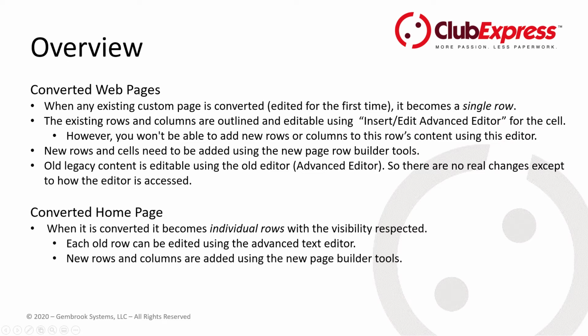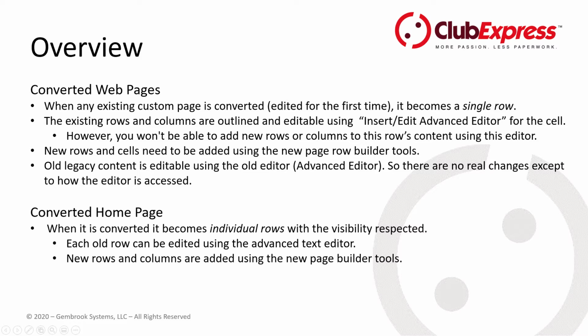Whether it be the home page or web pages, when an existing custom page is converted, meaning it's edited for the first time, it becomes a single row in the editor, because the new editor is row and cell based, and I'll explain that in a moment. Existing rows and columns are outlined and editable using a thing called the Insert Advanced Editor, and we'll take a look at that.